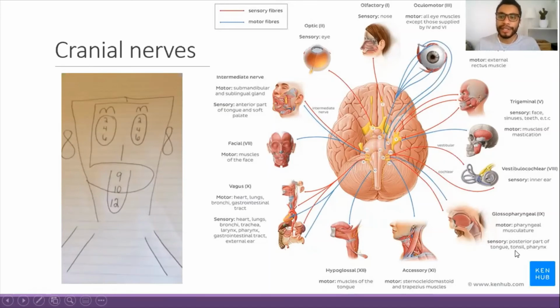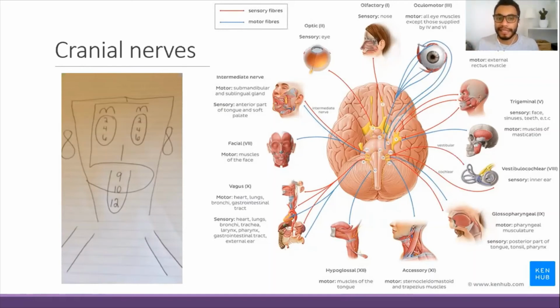It's more related with providing sensation to the posterior part of the tongue, 1/3 posteriorly to the tongue, and the motor function is to control the pharyngeal musculature. So glossopharyngeal, as the name says, tongue and pharynx.